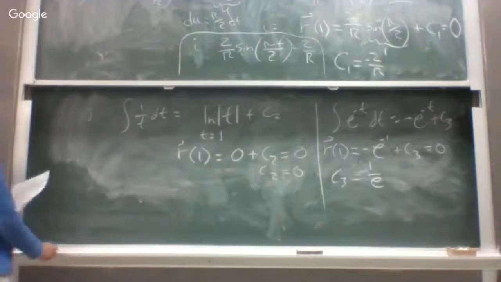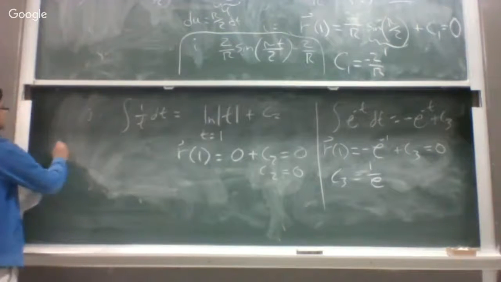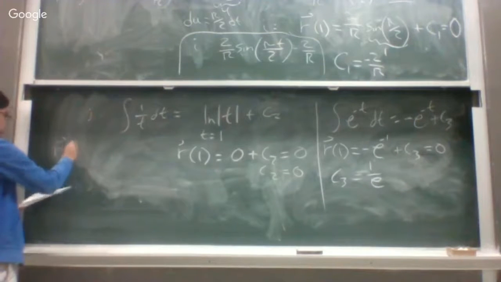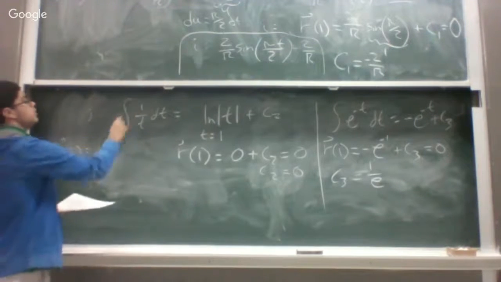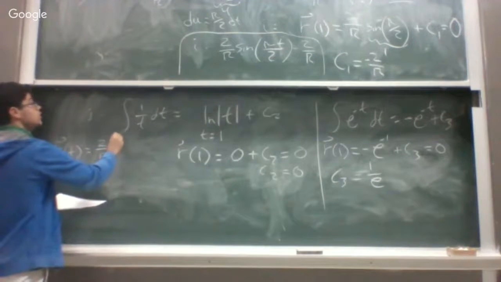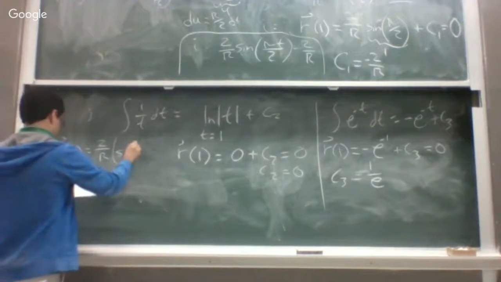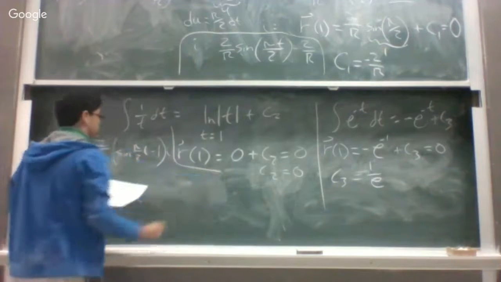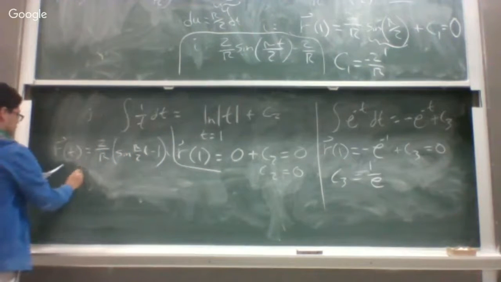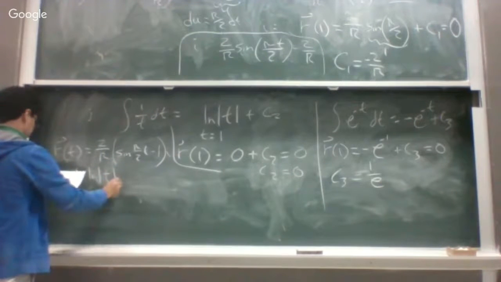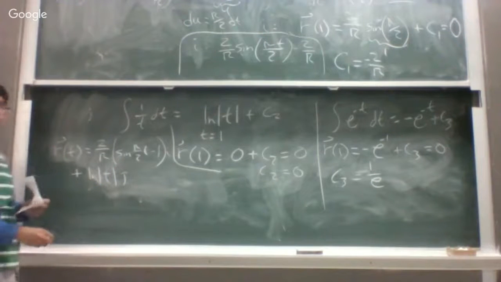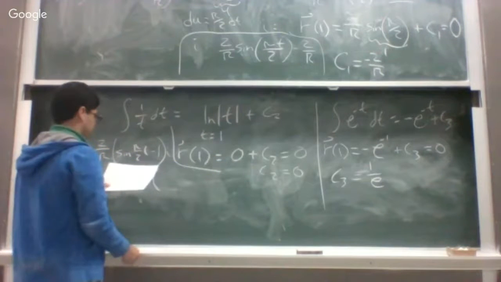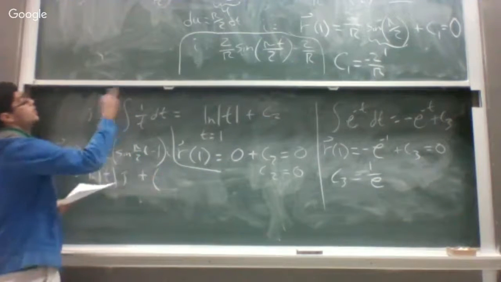So if we were to write down the entire function, r of t is equal to, we can take out a 2 pi for the I component. 2 pi times sine 2t minus 1, I, plus the natural log of the absolute value of t, j, because we found c2 to be 0, plus positive, but we have a negative.